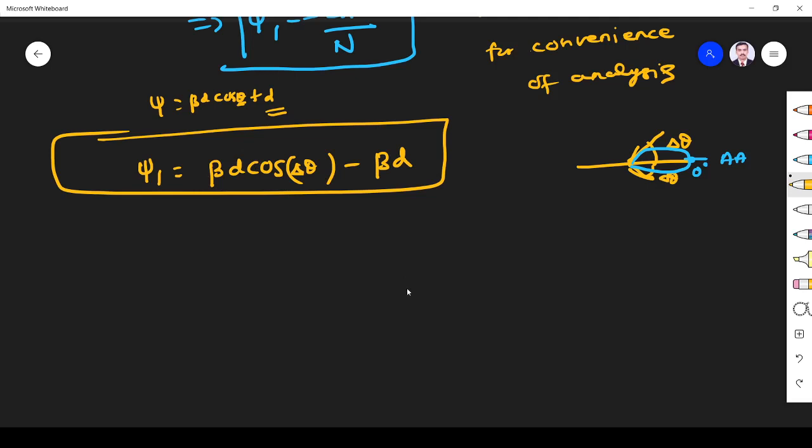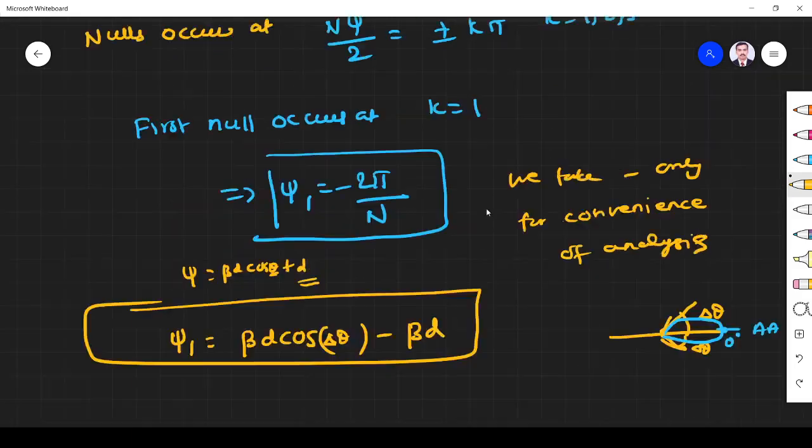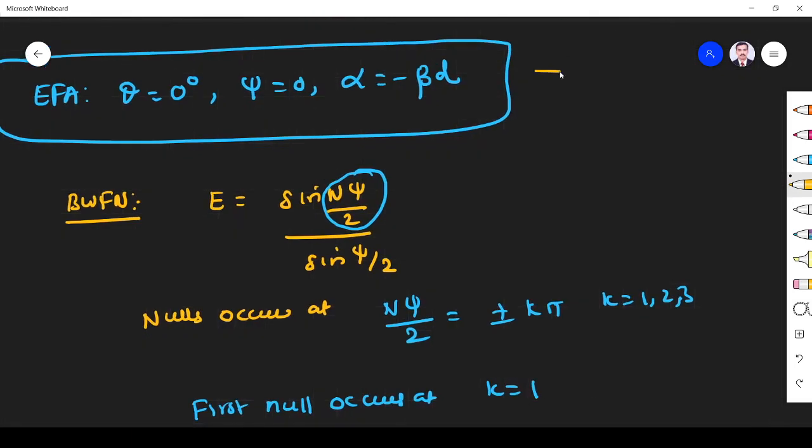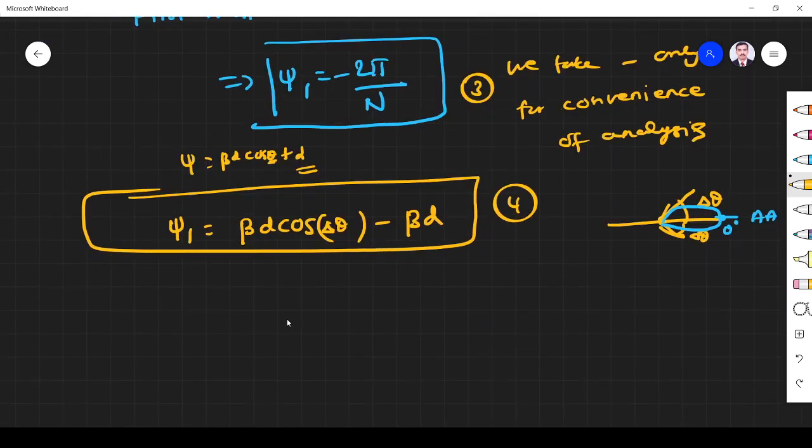So this is the location of null. Already the first null location I have found. I equate both. Right? So I write here: this is equation number 2, this is equation number 3, this is equation number 4. 3 and 4 are the same, both are talking about the first null.